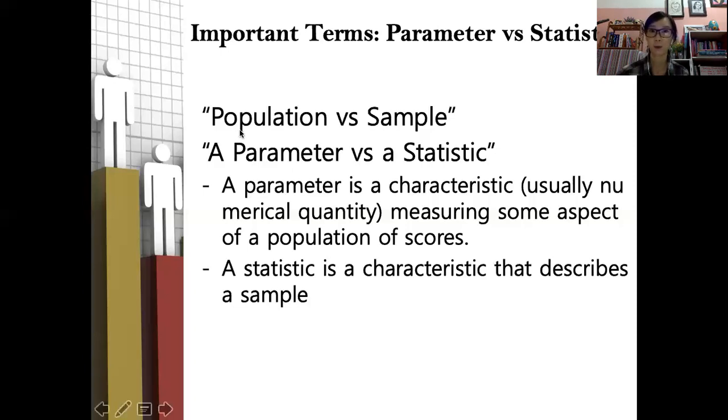That's your population. Population is the whole group. Sometimes the whole group is very big. Say, for example, in terms of a country or a nation, the population is Indonesia as a country, for example.